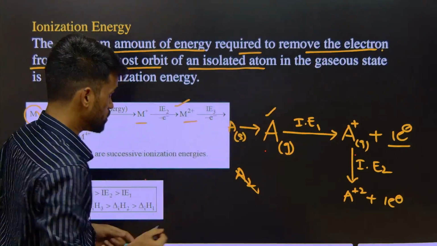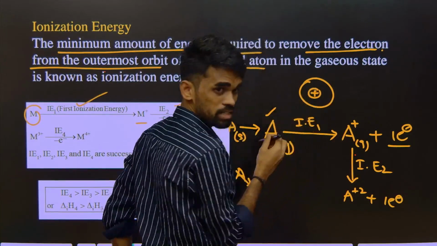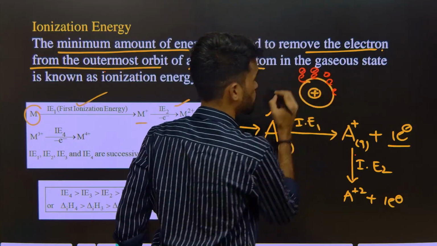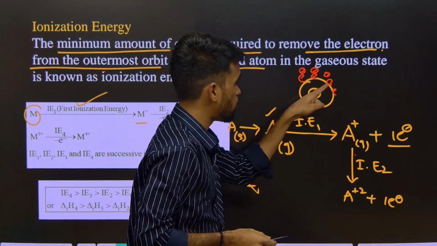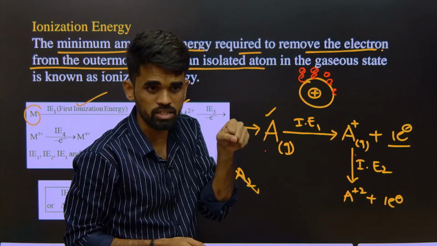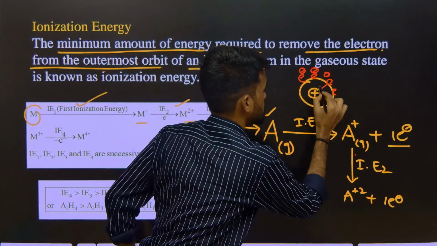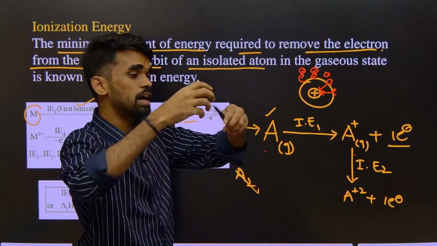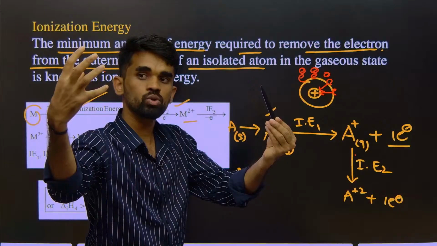First of all, tell me, here I have a positive charge, the nucleus, and around it we have electrons. This valence electron only we are removing first. Now this positive charge will hold this electron strongly, because both are oppositely charged, so there are electrostatic attractive forces. In order to remove that electron, we need to use some external energy.